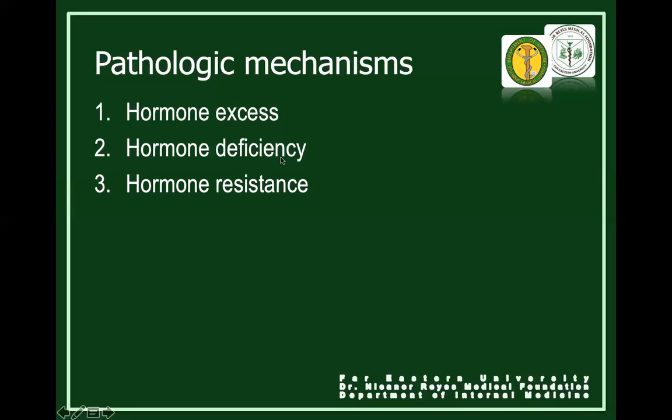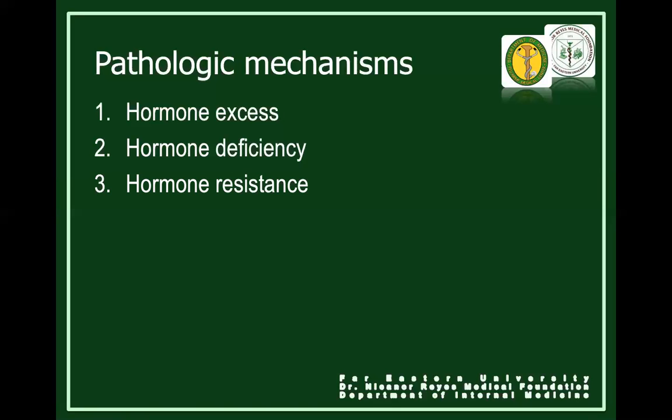One of the important hormone resistance that we see is not in the pituitary. The hormone resistance usually happens in insulin. So there can be insulin resistance wherein there's normal levels of insulin. However, there's an increased resistance in the target organ.